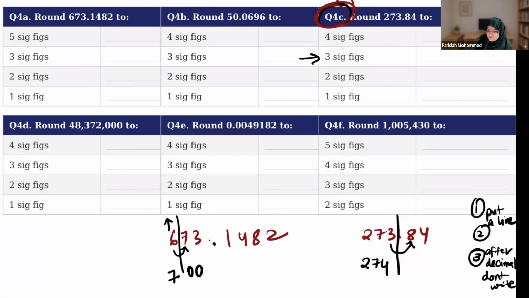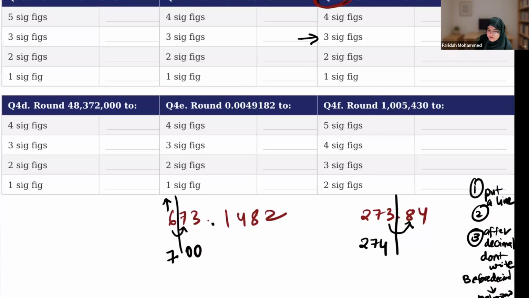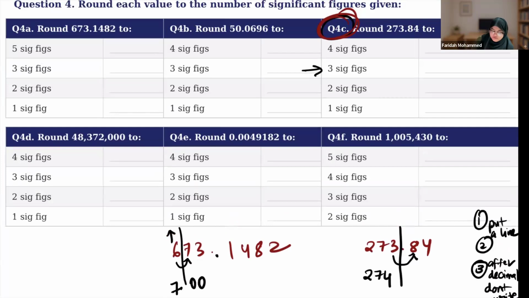Before decimal, make it 0. Okay, so is this going to be ignored or become 0? Is it before decimal or after decimal? After decimal. So it's ignored. So 3 sig fig will be 274. Okay, good job.